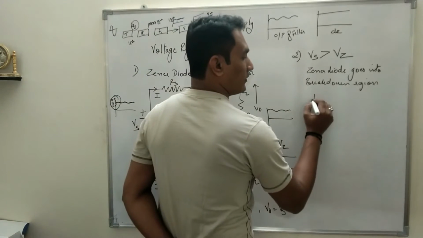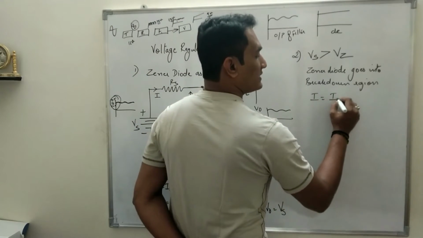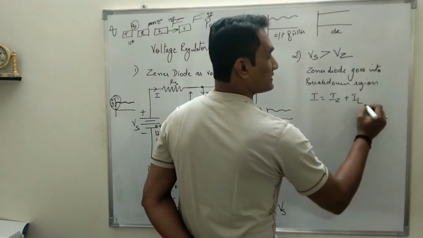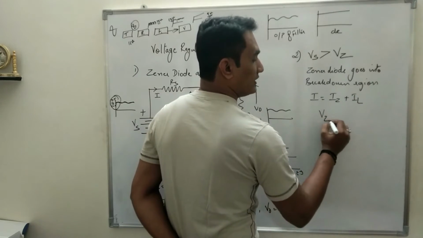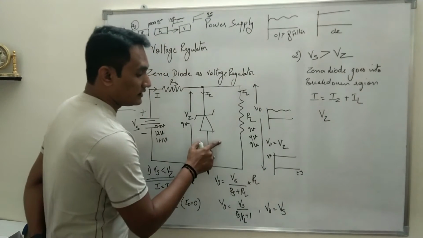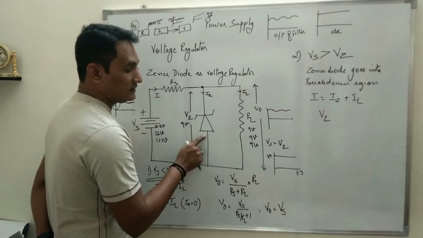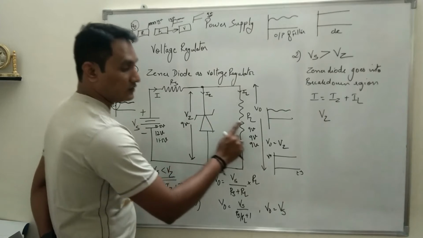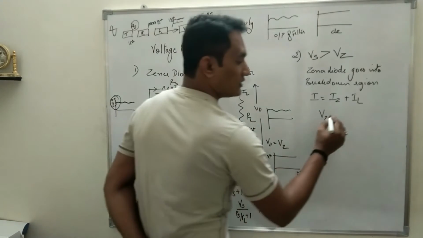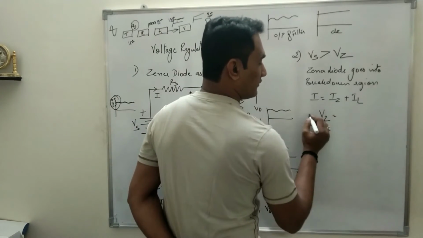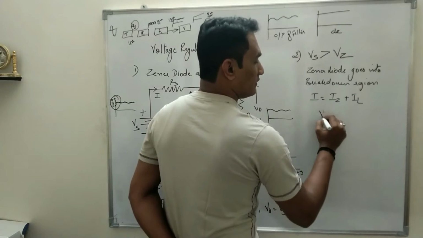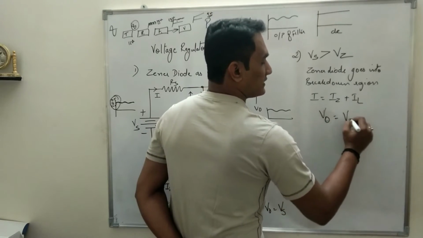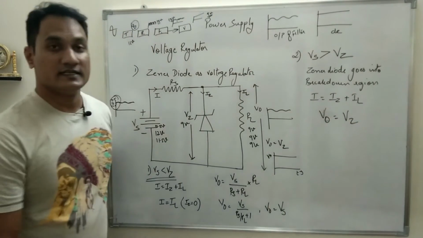So from that we get the formula I is equal to Iz plus IL, and voltage drop across Zener will be constant. As the Zener and load resistance are connected in parallel, the voltage drop across the Zener diode will be the voltage drop across the output. So V0, that is the output voltage, is equal to Vz.